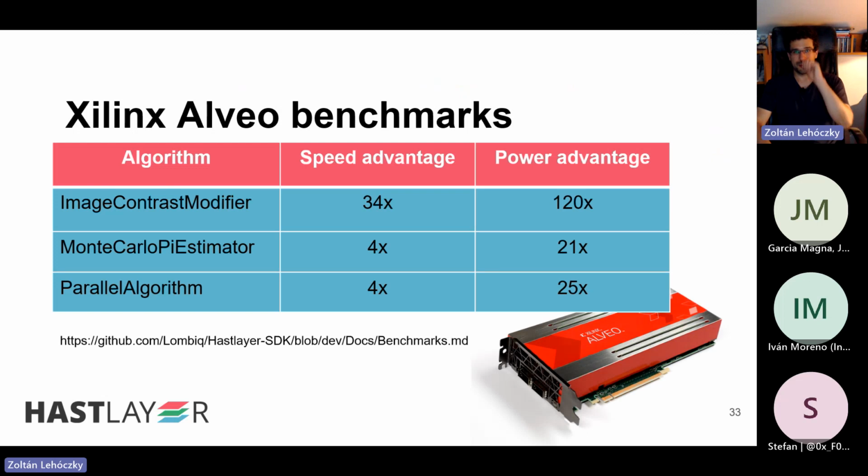We also created some benchmarks, the details of which are also available on GitHub. And here are some numbers. We have done some benchmarks with some sample code in the cloud, so with the high-performance data center accelerator cards. And we have seen anything from a 4 times speed increase up all the way to 30 times, and similarly from a 20 times power consumption decrease up to more than 100.